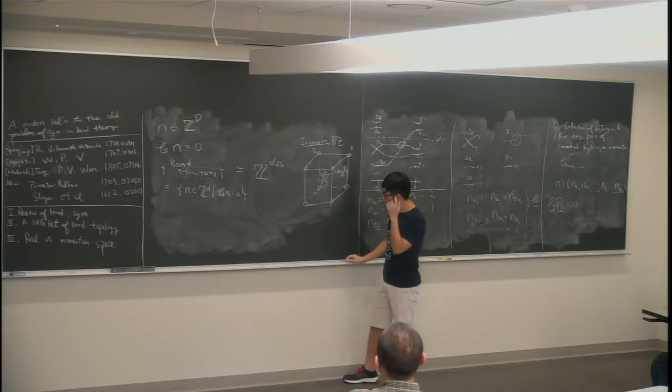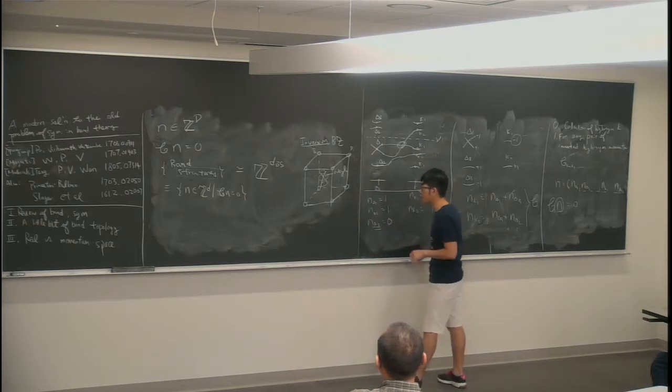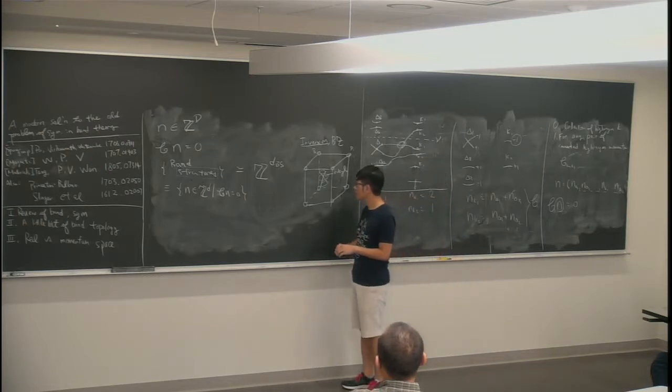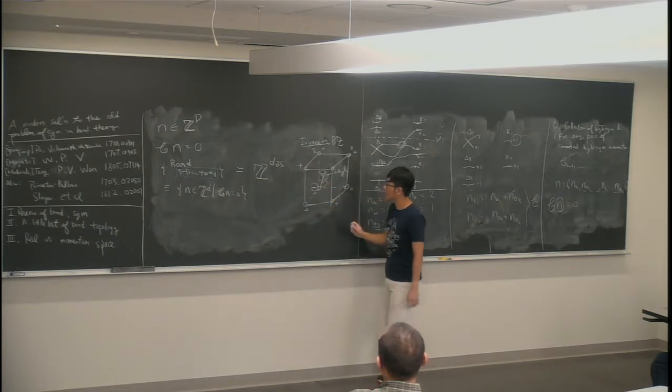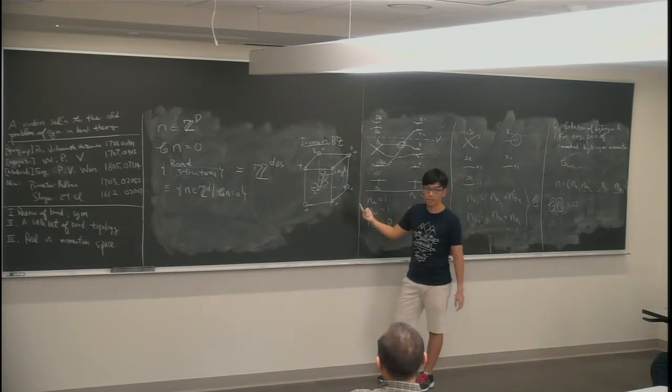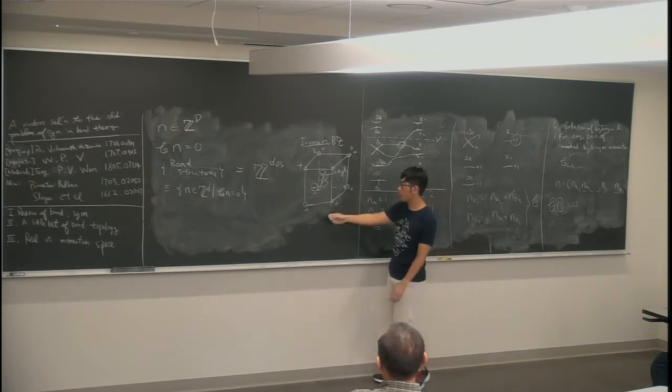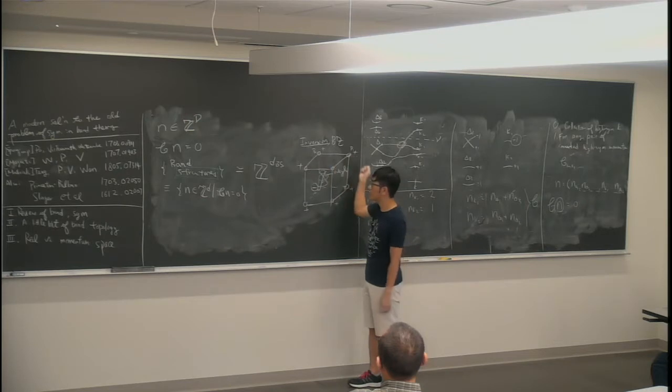So one example is really like the TI case. Let's say I give you one band which is filled. So I know that my filling is 1. Maybe my parity is positive everywhere, except for this one which is negative. So I have one band. I look at the parity eigenvalues at all the high symmetry momenta. There's a gap there.